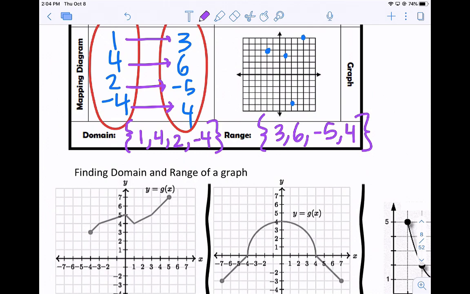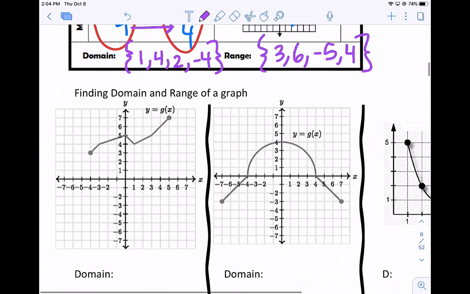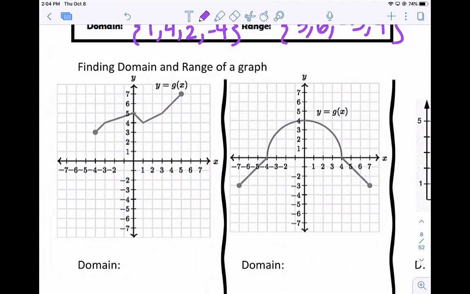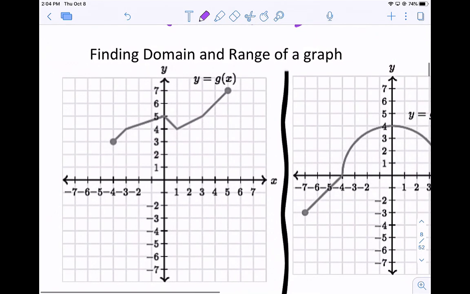So yesterday, we practiced finding the domain and range of a bunch of different graphs. So let's review that today. For domain, it's how far left and how far right. And so what we did yesterday is I had you, if you had different color markers or pencils or crayons even, draw how far left and how far right the graphs go. So here's the graph of y equals g of x.